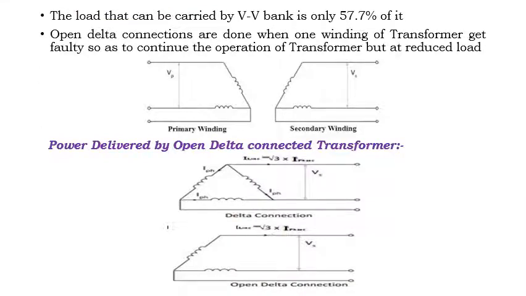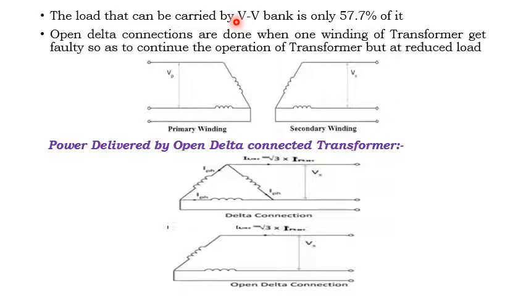And the load that can be carried by the V-V bank is only 57.7% of it. That means whatever load is carried by the delta-delta transformer is 100%. If any one of the transformers is removed from the delta-delta configuration, it becomes a V-V bank or open delta.